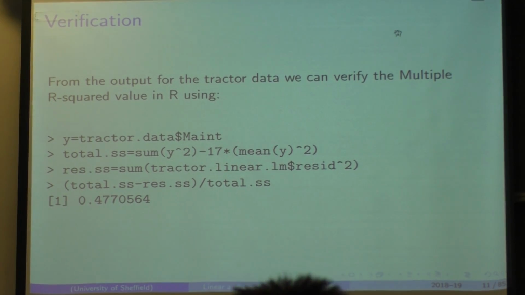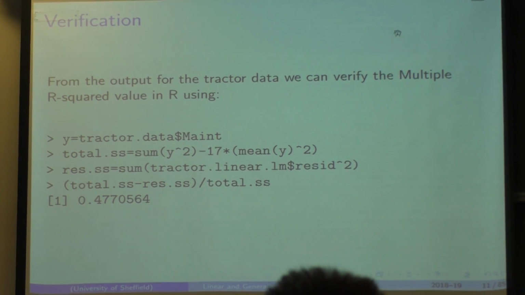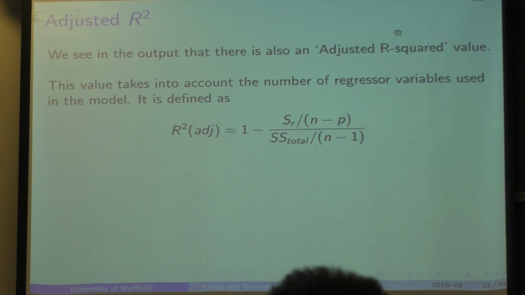If you look back at that output where R gave the multiple R squared, it also gives something else, which is an adjusted R squared. So I'll now show you the definition of the adjusted R squared, and I will try to explain it.